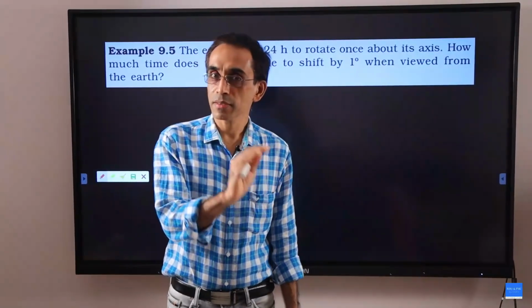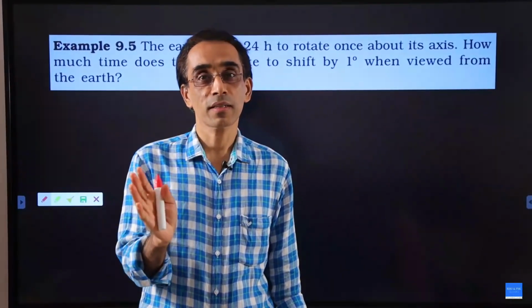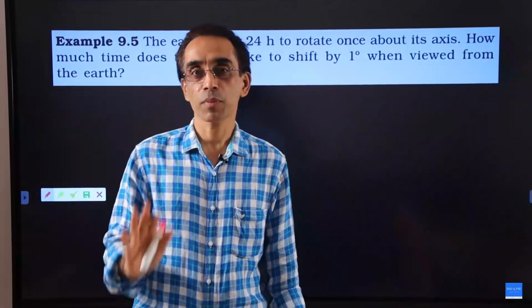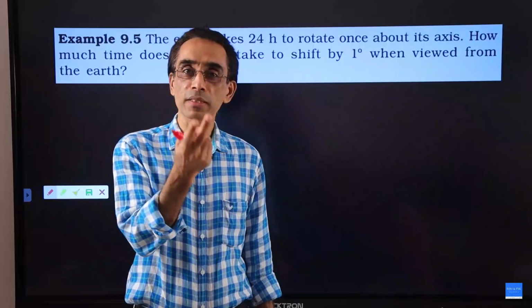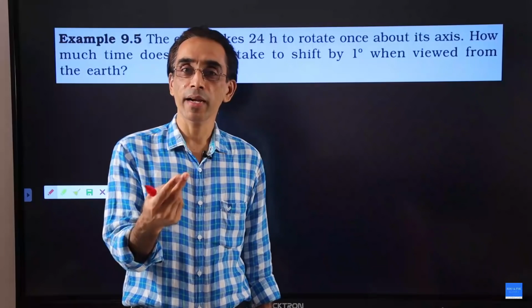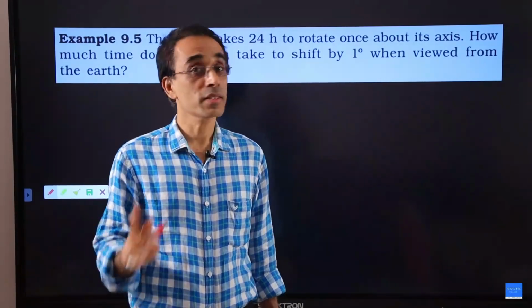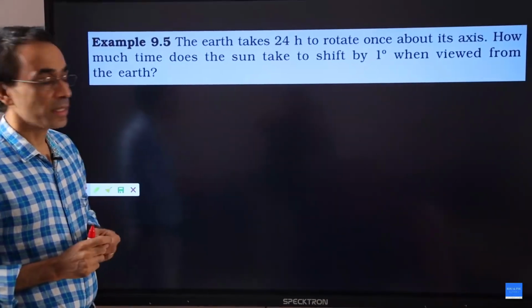So what we discussed so far is that the sun's rise and set are changed by atmospheric refraction. The sun becomes visible 2 minutes earlier than actual sunrise and 2 minutes delayed even after actual sunset. That 2 minutes, that's what I am coming to tell you. See this question.